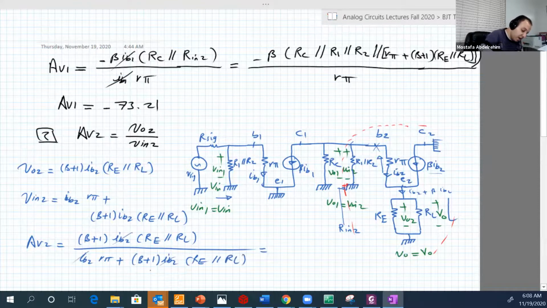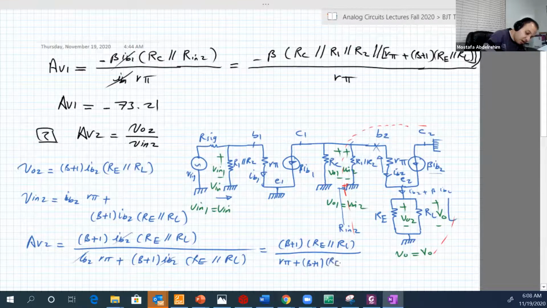IB2 will go away, so this will end up with beta plus 1 RE parallel RL over R pi plus beta plus 1 RE parallel RL.